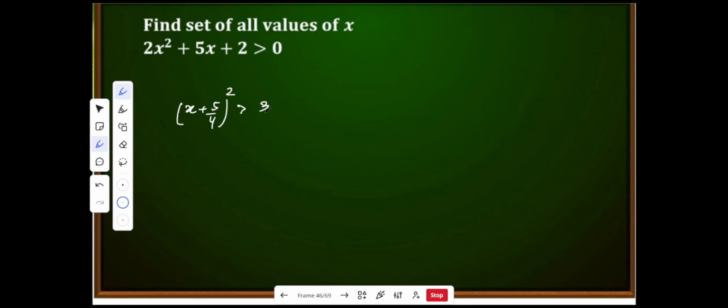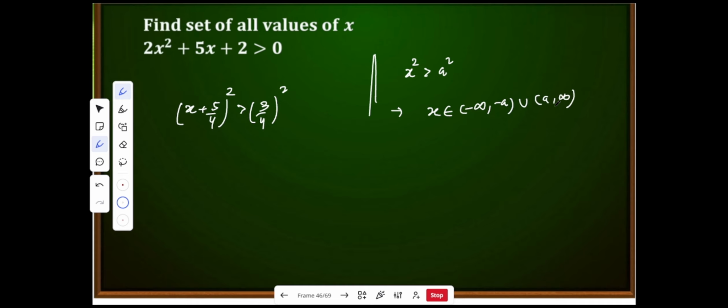Recall the important result: if x square is greater than a square, then the value of x will be from negative infinity to negative a, union a to plus infinity.